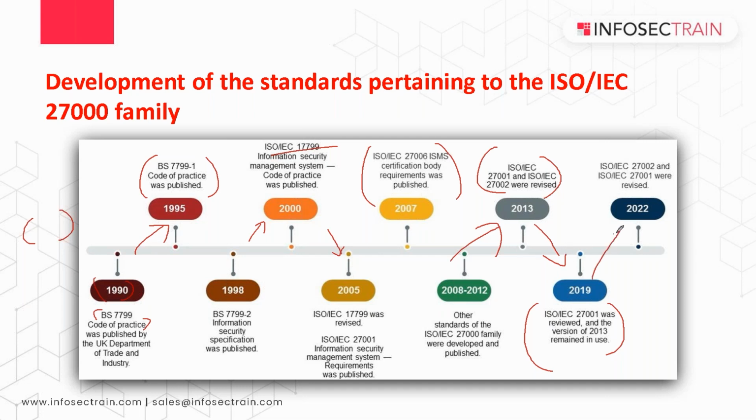Now, lately in the year 2022, the standard got revised as ISO 27001:2022. This is in line with the guidance given by ISO that every standard needs to be reviewed in a tenure of 5 years.